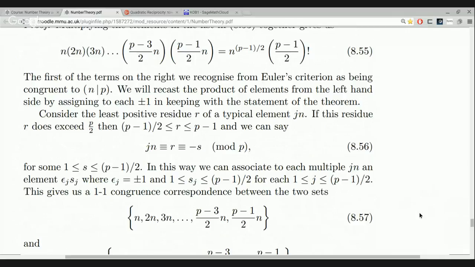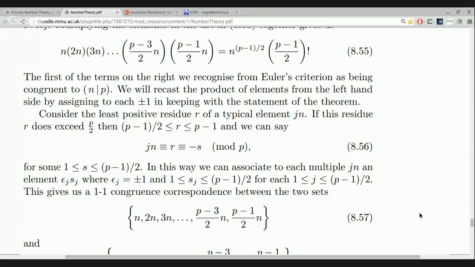The epsilon j is the plus or minus 1, and sj is one of these first half representatives. Okay. So sj comes from the list 1, 2, 3 up as far as (p minus 1)/2. And the epsilon j is this plus or minus 1, which is indicating whether the original reduced residue of those multiples of n fell in the bottom half or the top half of the residues modulo p.